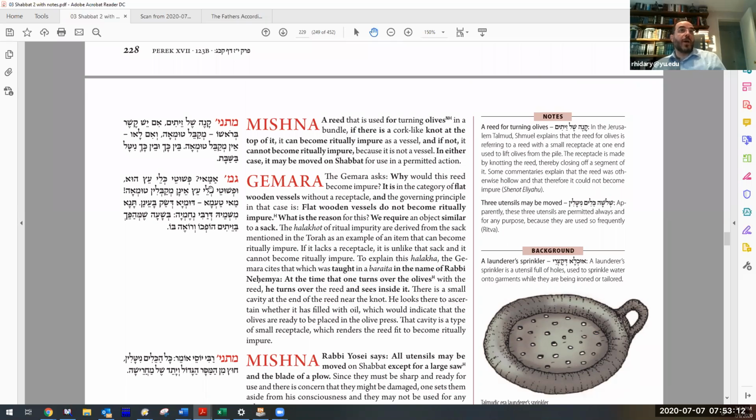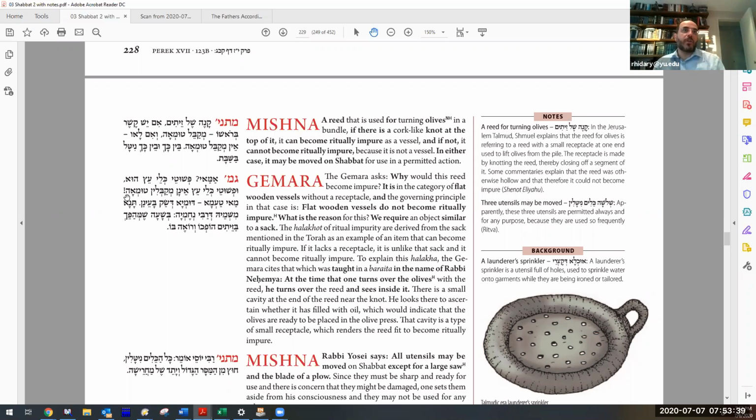Okay, so now we're asking, amai, what's wrong with this thing? Why would you say it's mikabel Tumah? Regarding wood, any wooden vessel, there's a general rule that if it's not a container, in other words, just a paddle or just a wooden board, even if it's a cutting board, it's not mekabel tumah.